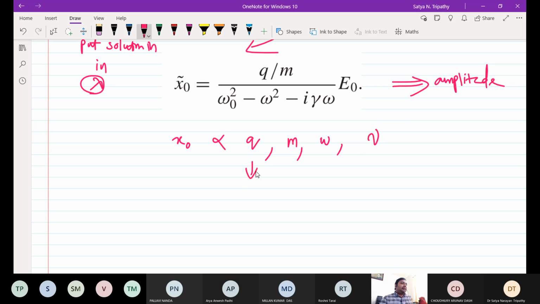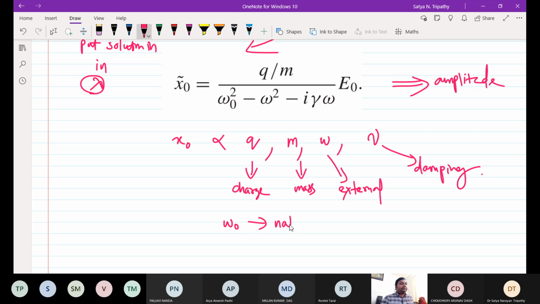So this is charge, this is mass, this is external frequency, and this is damping. It is very obvious that the amplitude of the electron's vibration depends on these. This is the driving, and omega 0 is the natural frequency of vibration of the electron. Is it clear?